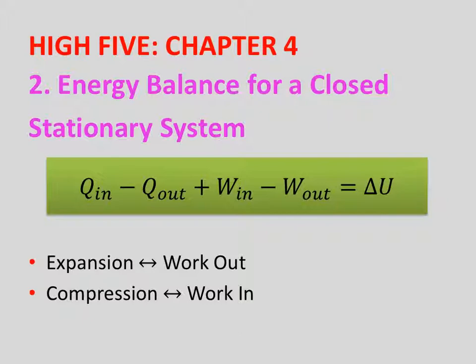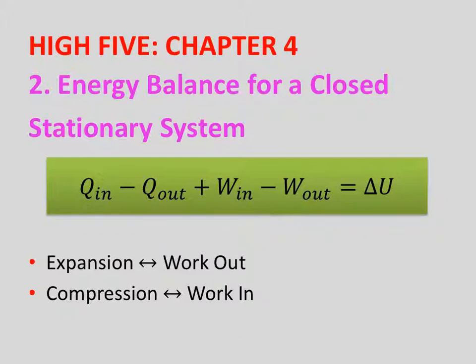The next thing that is brought up is the energy balance for a closed stationary system. We have the terms Q in, Q out, work in, work out, and change in U, which is our internal energy. Q is your heat, and work is what we just talked about.